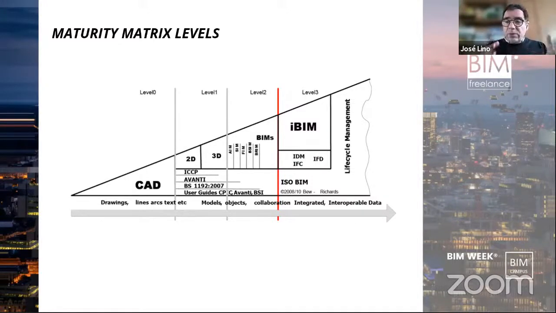Level 0, and we are measuring, let's say, a country, a whole large company, an environment. And this 0 is where you are not doing BIM. You are only using CAD. You are using drawings. You are exchanging drawings like we have done. I have done that for ages, for years.